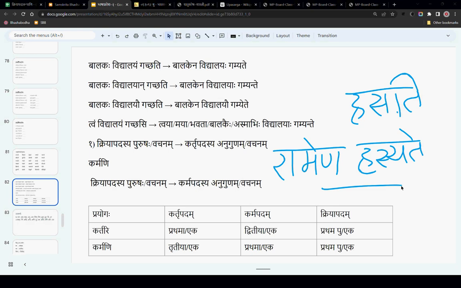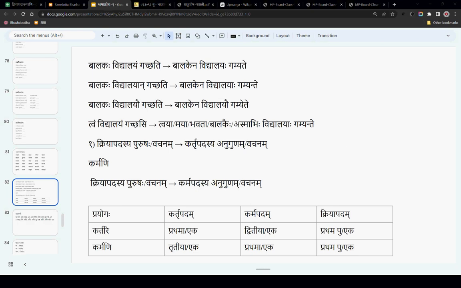Let's take another Akarmaka example. Gacchati is also Sakarmaka. Kridati we saw. Balaha Kridati. Balena Kridyate. And similarly, Khelati is also Akarmaka. Then take ramate also. Tishtati, Akarmaka.